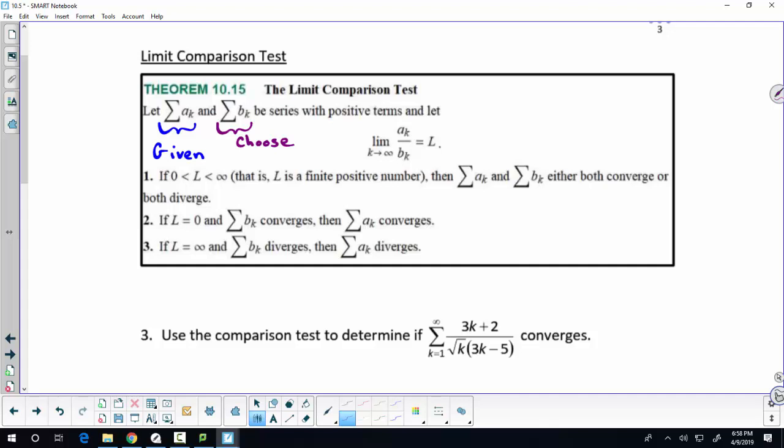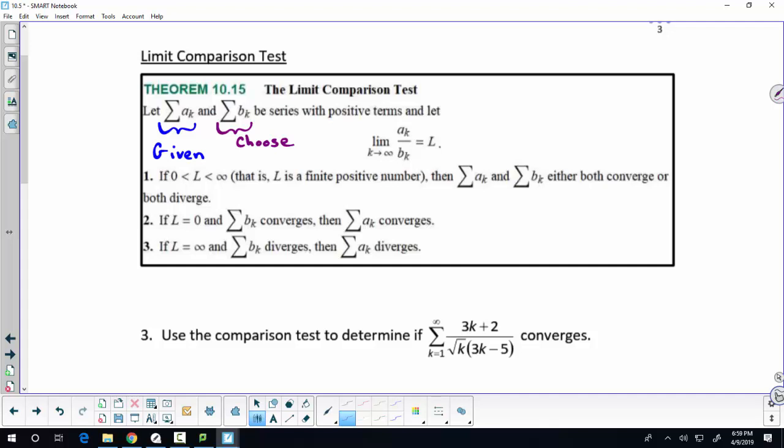Okay, what we're comparing now is the limit at infinity of the A sub k terms over the B sub k terms. All right, and calling that limit L, and then there's three conditions. If L is finite and not zero, then both of those series do the same thing.